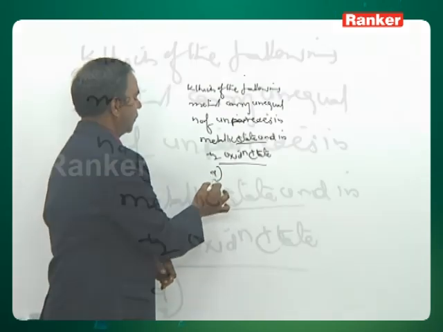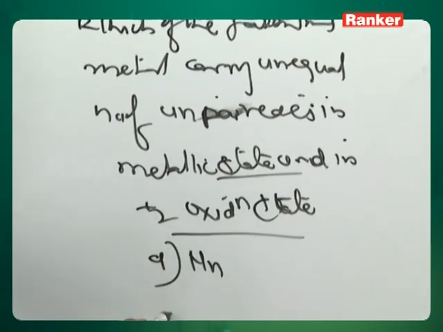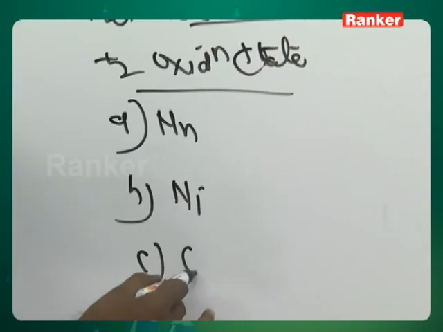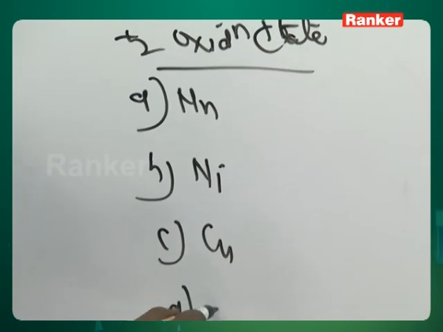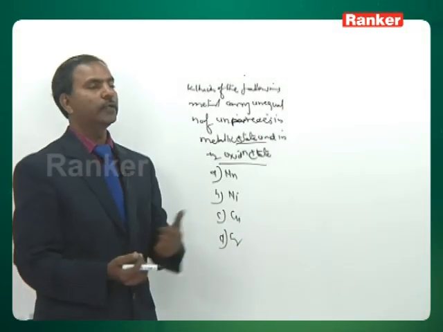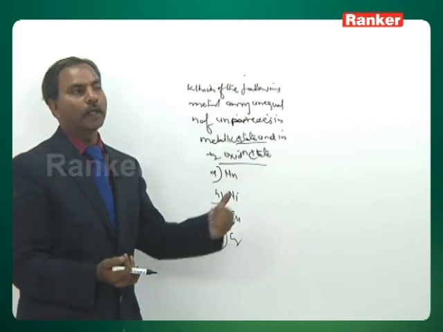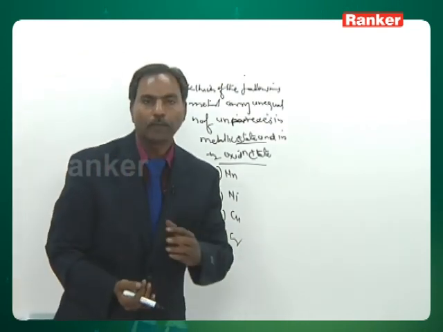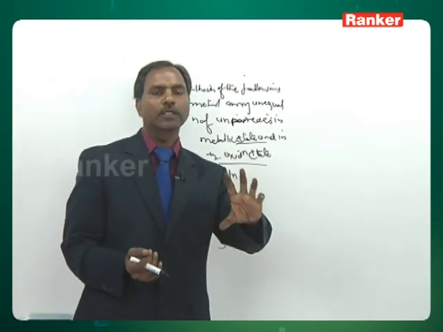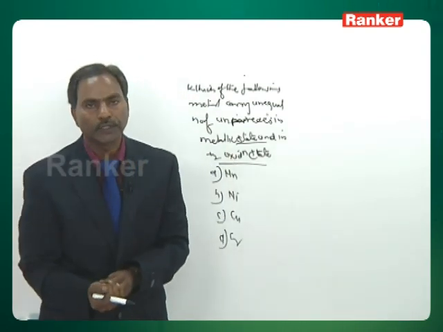The answers are: A, Mn, B, consider nickel, C, consider copper, D, let me say chromium. What is the question? Read it carefully. Which of the following metals is carrying unequal number of unpaired electrons in the metallic state and in +2 oxidation state?